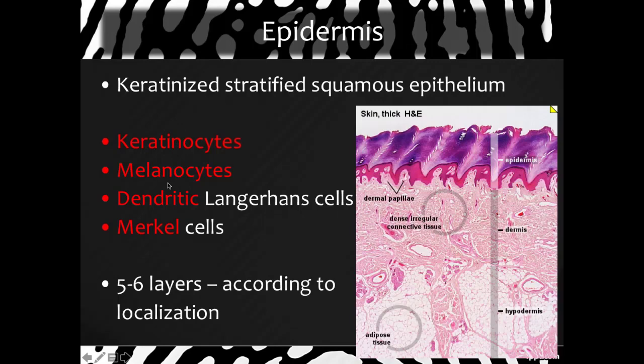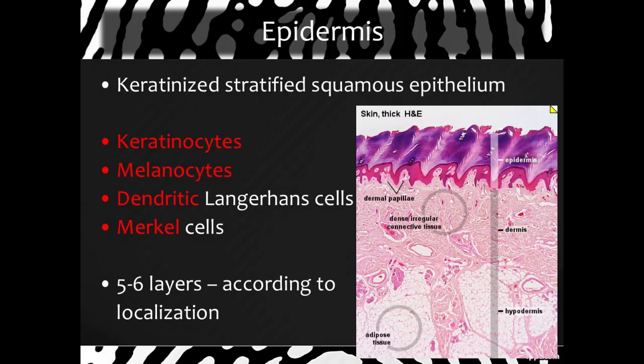Then the second type is melanocytes. Melanocytes are pigmented cells, or cells which produce the skin pigment, melanin. The most important function of these cells, and also of melanin, is to protect the organism against the damaging effects of ultraviolet irradiation.